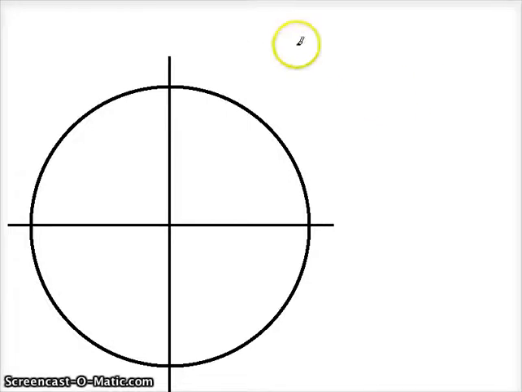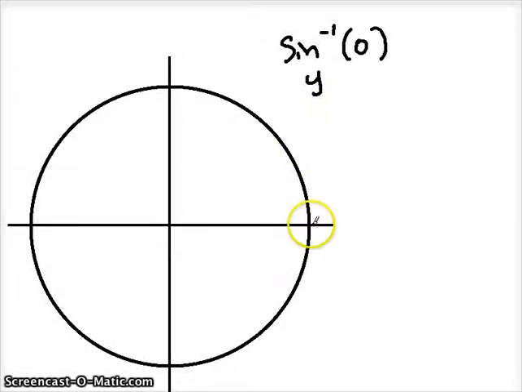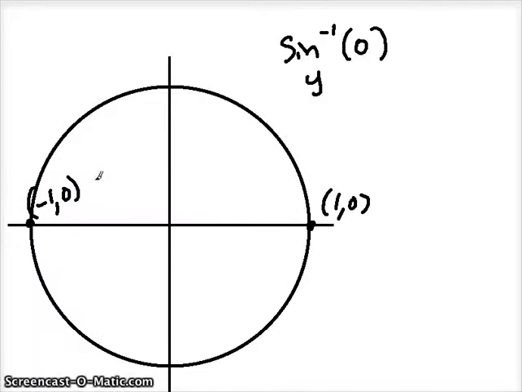Let's try another one of these trickier ones here. The inverse sine of 0, let's see where that happens. So we're looking for y values that are 0. Well, right here we have a y value that's 0. Over here we have a y value that's 0. So there are two options.